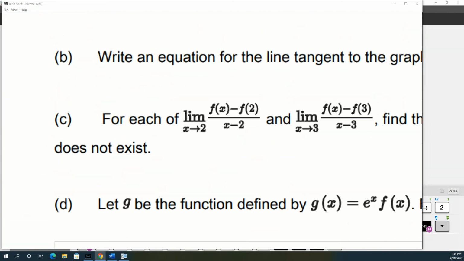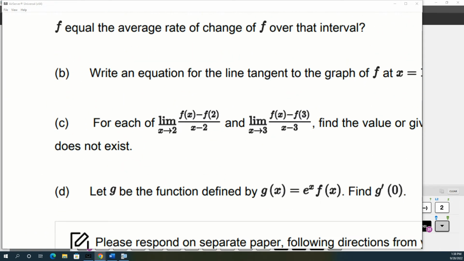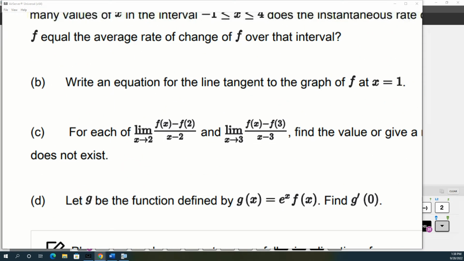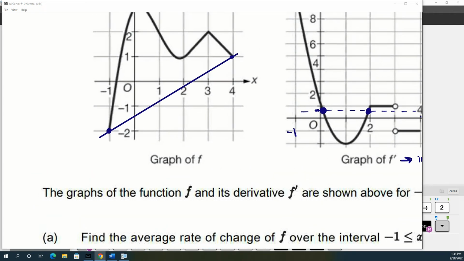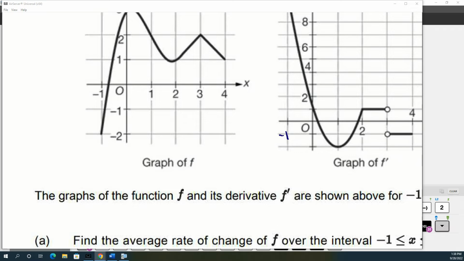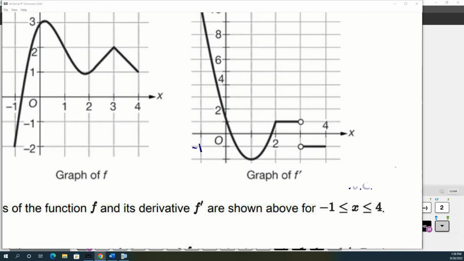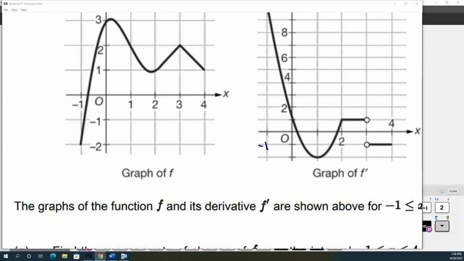Okay, so let's look at number 2, or letter B. We're going to write an equation for the line tangent to f at x equals 1. Okay, so this is kind of weird because we need the slope of f at 1. And if we were just looking at the graph, we could see that, yeah, it's negative. We can make an estimate.